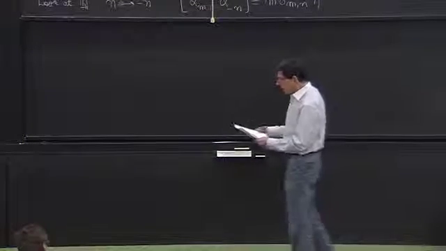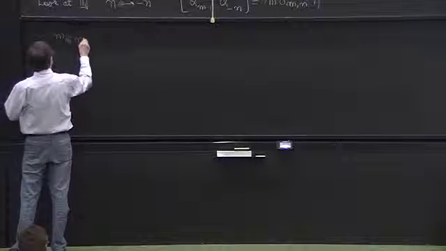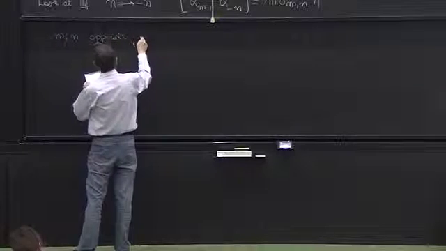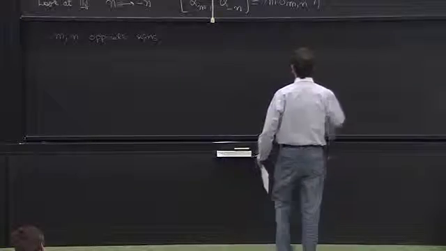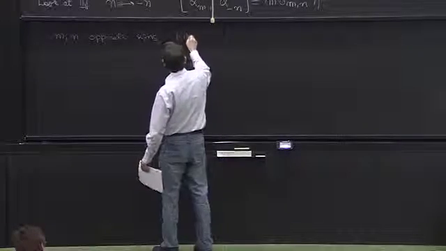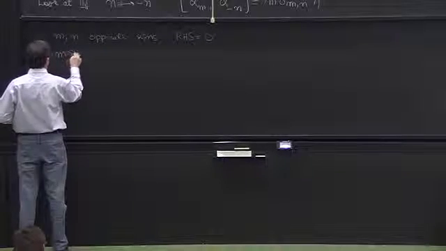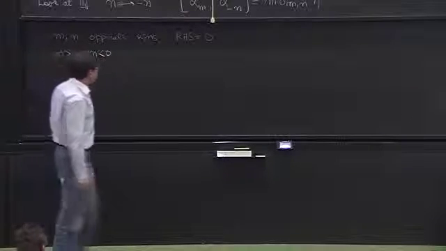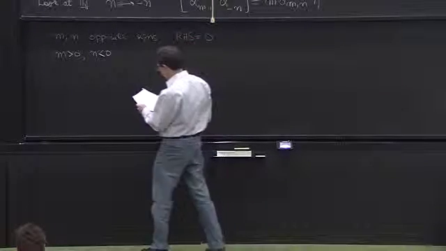So now let's take m and n with opposite signs. If m and n have opposite signs, the right-hand side vanishes. So let's take, for example, m positive and n negative. If m is positive, I can use the formula there.